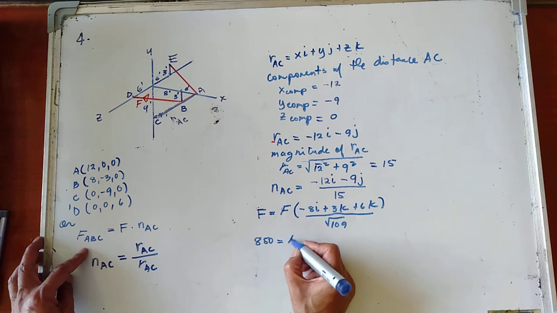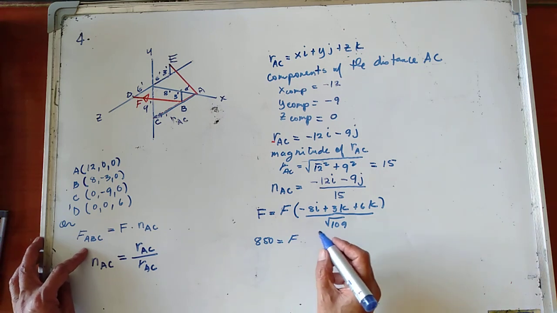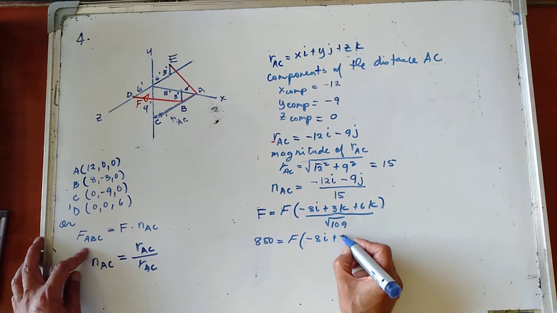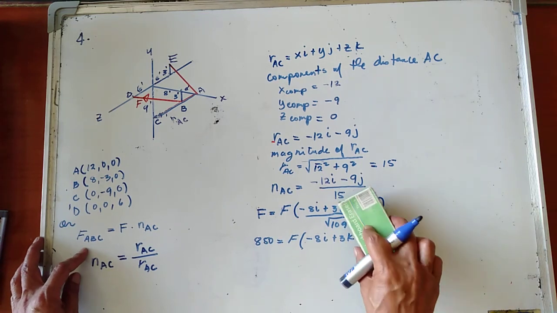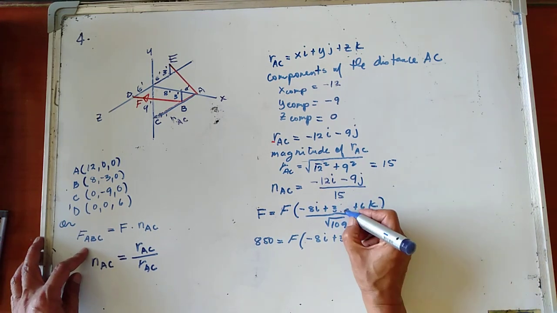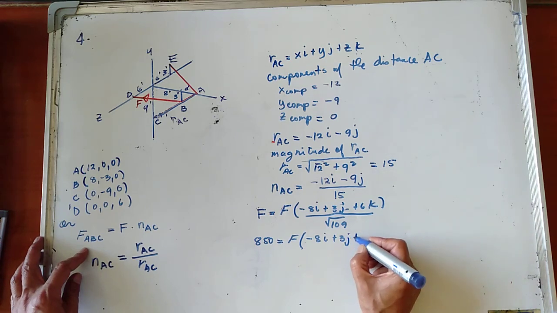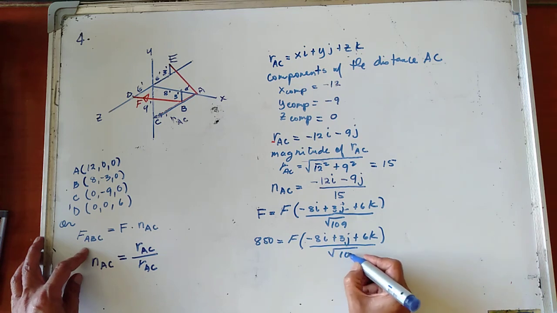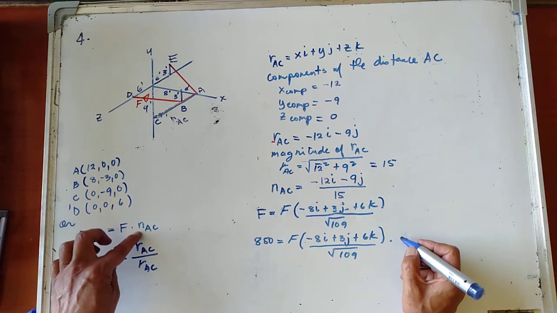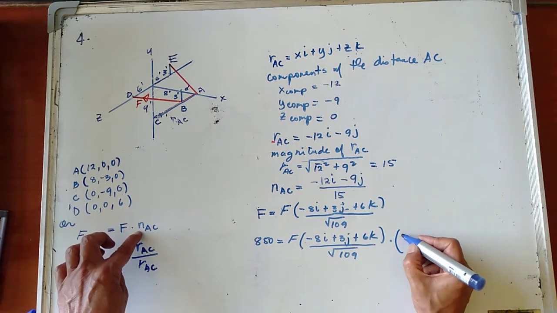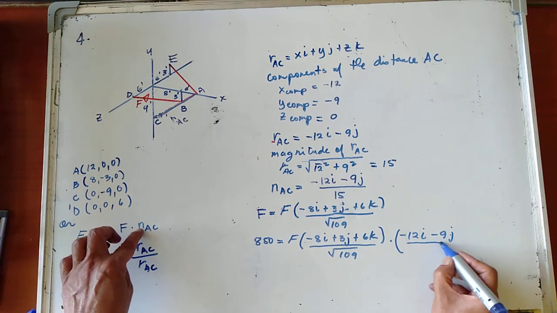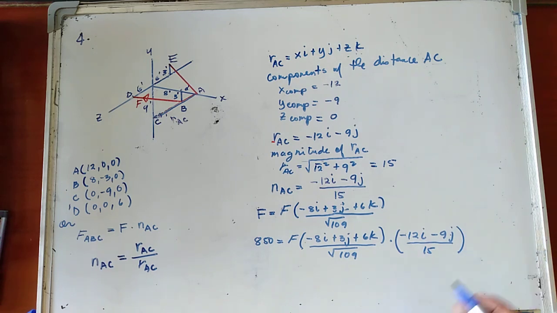And that is equal to that vector, minus 8i plus 3j plus 6k over the square root of 109, dot the unit vector AC, which is minus 12i minus 9j all over 15.